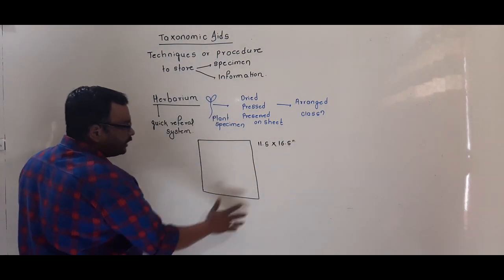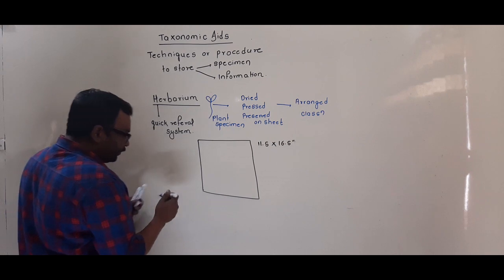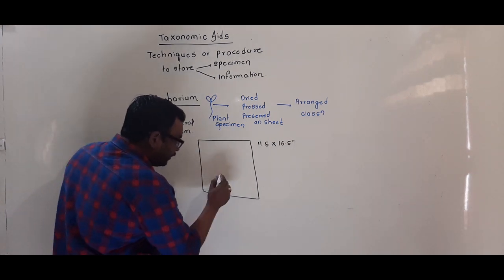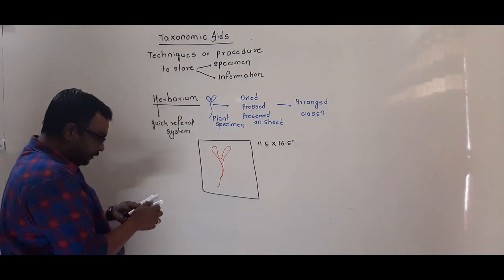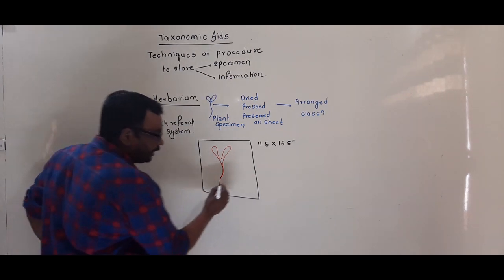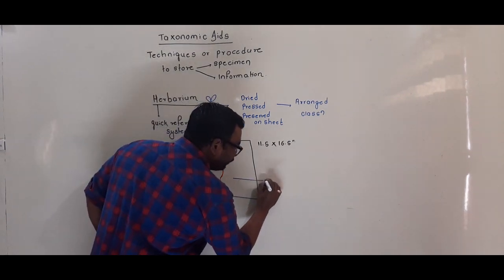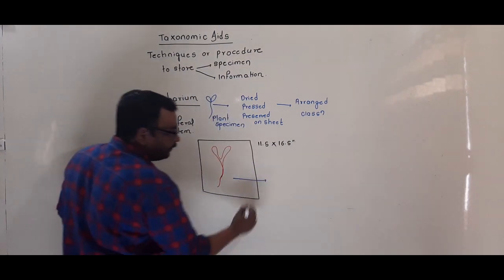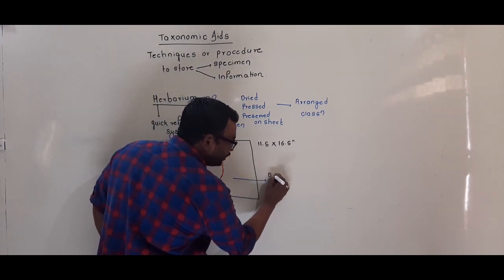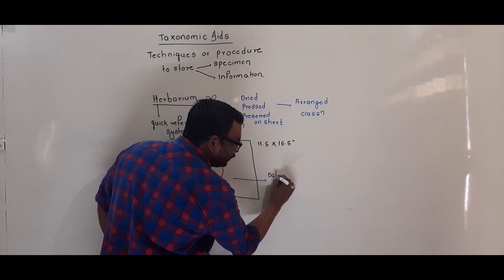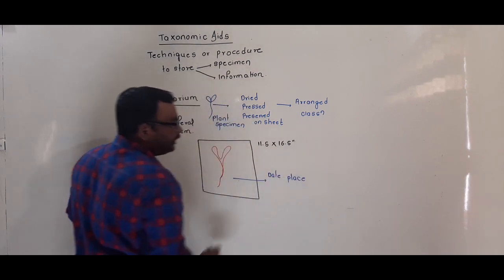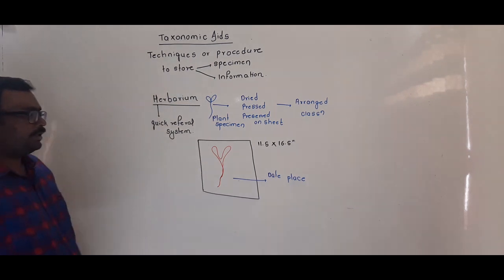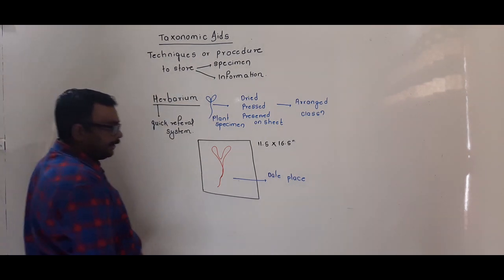If a plant specimen is present on a herbarium sheet, this is the plant specimen. On this herbarium sheet, certain things are mentioned. First is the date of collection and then the place of collection: at what date and from what place this plant specimen was collected.